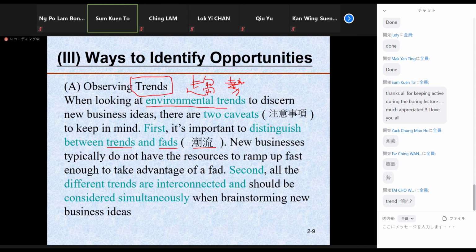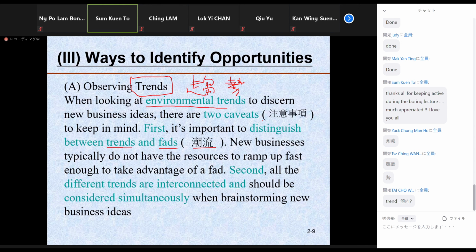Trend 係傾向啊, yes, true, but how can it differentiate from fads 潮流? 傾向潮流或者趨勢潮流，但係有冇分別咧? Anybody can help? Thank you 楚維嚇，唔該晒 anyway.